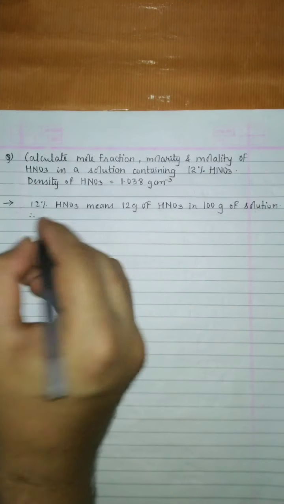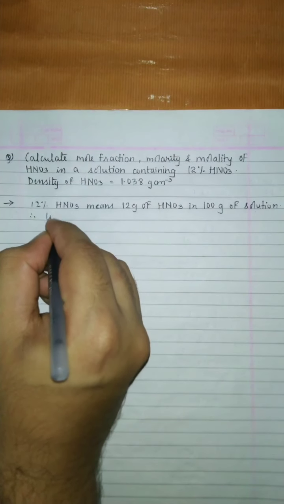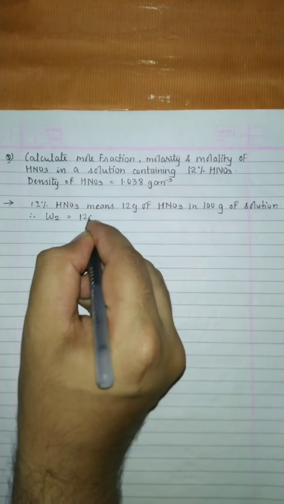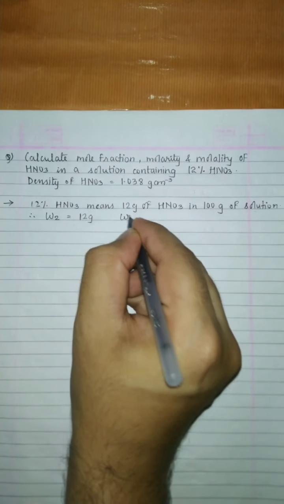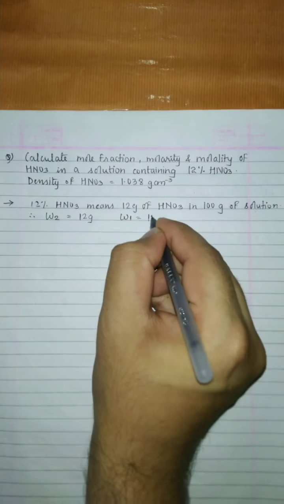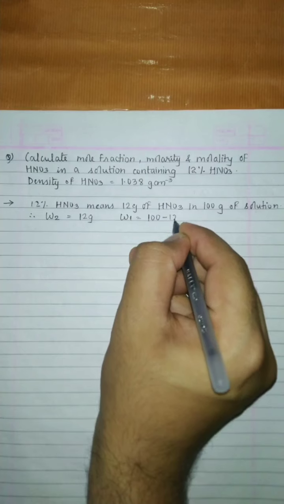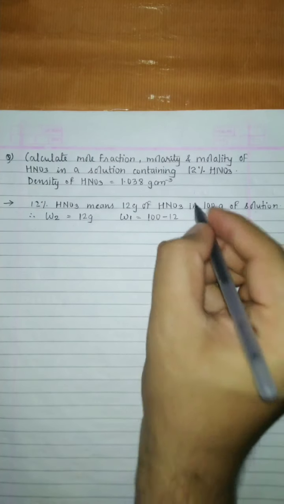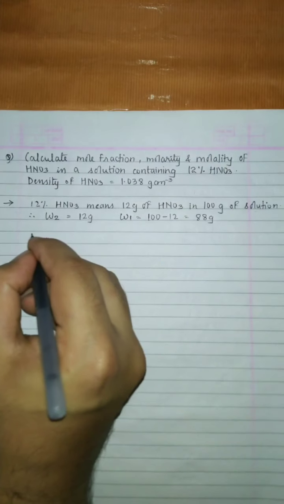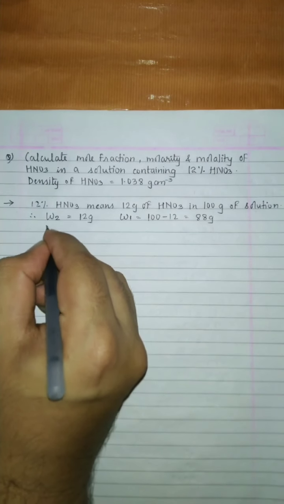Therefore, I can say that mass of solute W2 is equal to 12 grams, while mass of solvent W1 will be equal to 100 minus 12, that is mass of solution minus mass of solute, which comes equal to 88 grams. Then I have to find molar mass of solute.